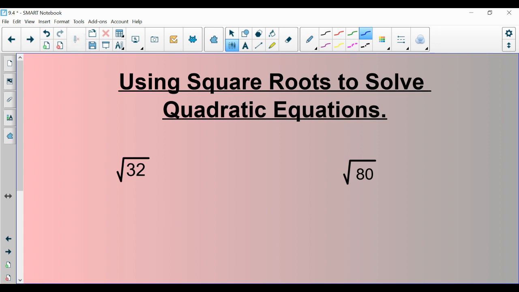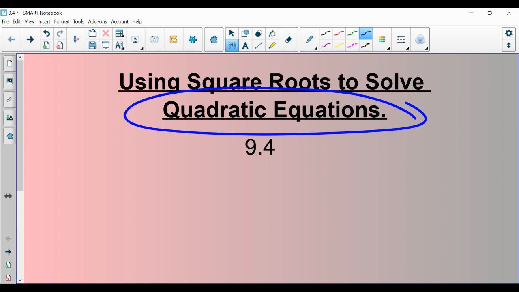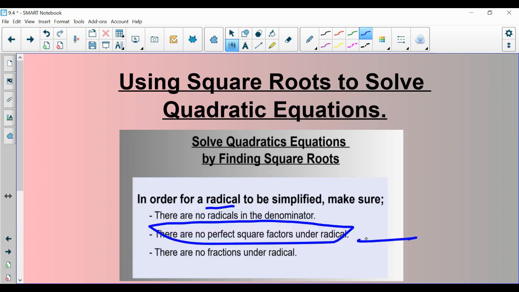However, as you get further into algebra courses, you're going to find that that is not an answer most algebra courses are looking for. Instead, if you're asked to find the square root of 32, you're going to simplify it using these three rules that I outlined earlier, one of which says there cannot be any perfect square factors underneath the radical.